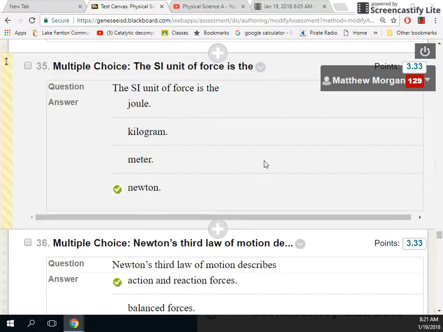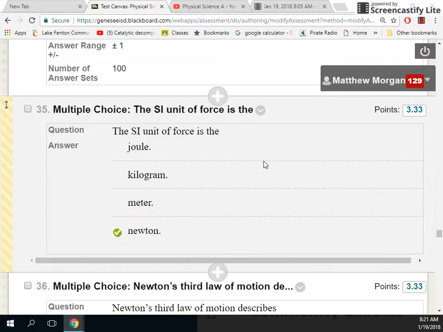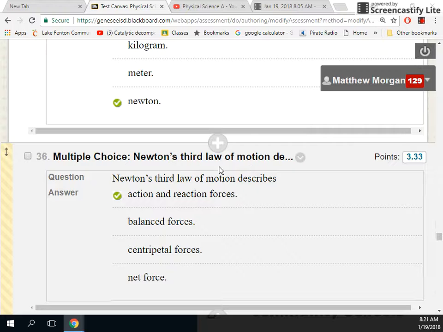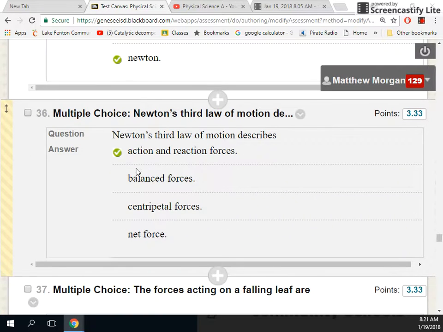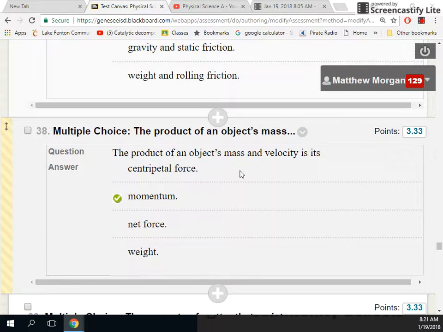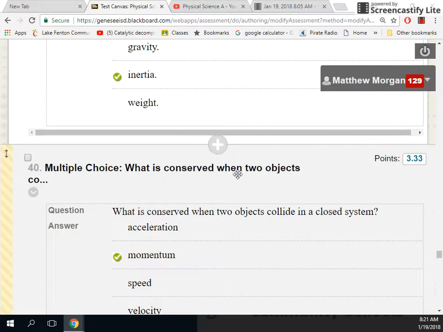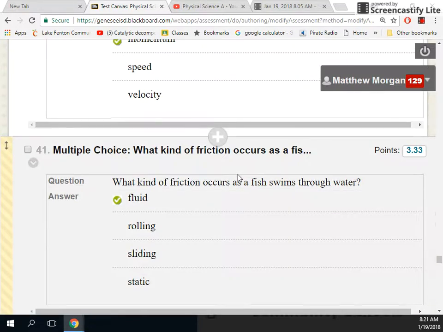You guys got to know Newton's third law. The SI unit of force is the Newton. Newton's third law explains reaction forces. All of these are really fair, not to mention you got a video that has the answers for them.